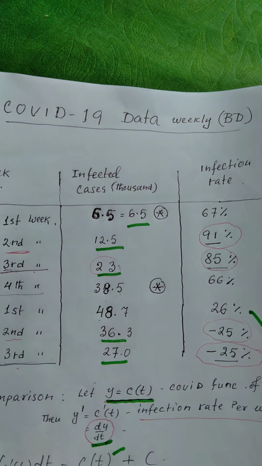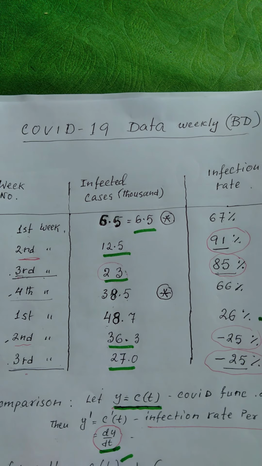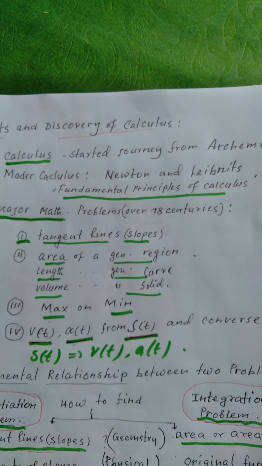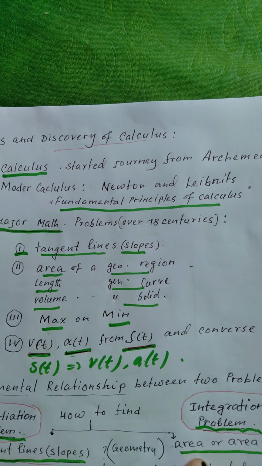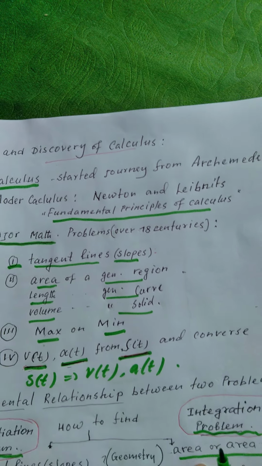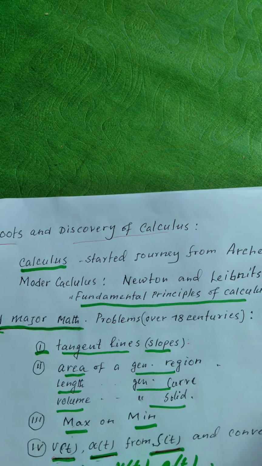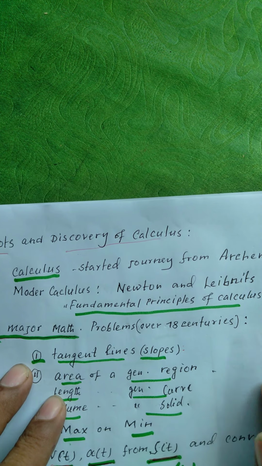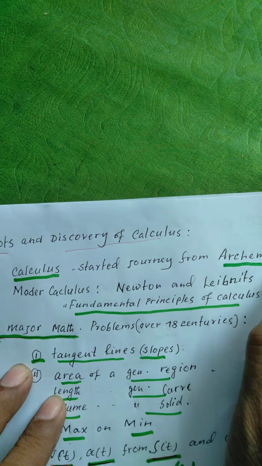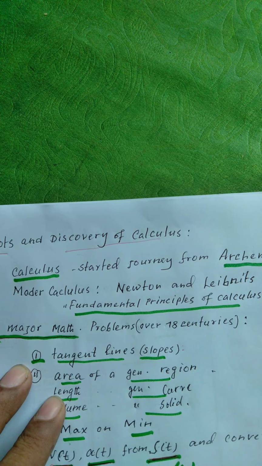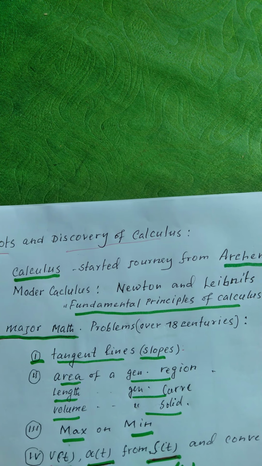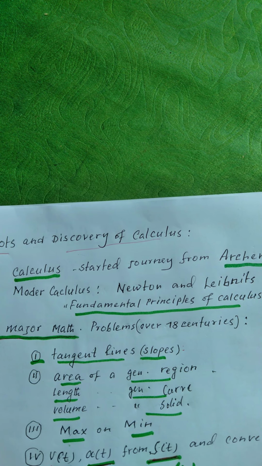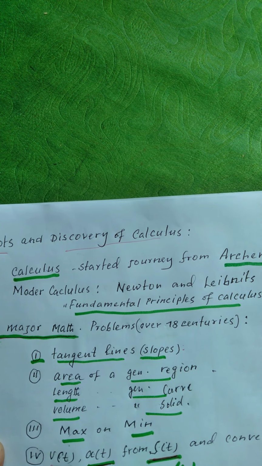Now I would like to focus on the roots and discovery of calculus. Calculus is rooted in fact in the ancient Greek mathematicians, like Archimedes. He calculated areas of triangles, rectangles, squares, circles, even volumes of pyramids.